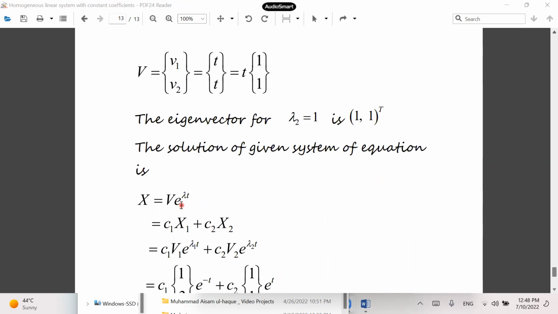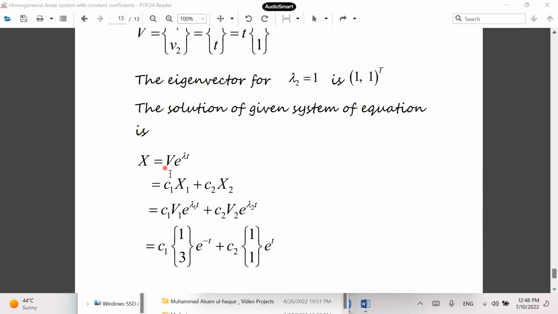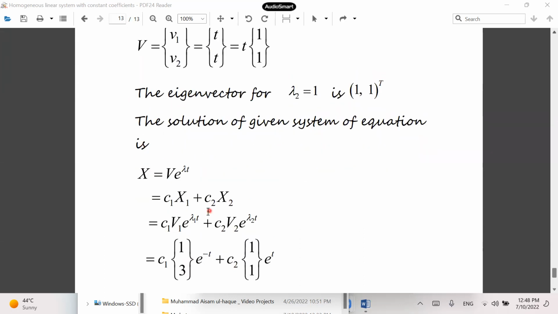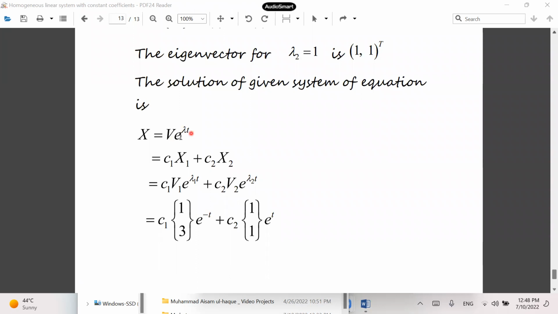Now in the final step, how to write the solution of the given system of equations. It will be of the form x equals to v into e power lambda t, where v is the vector which we have found just now, and lambda are the eigenvalues. So v are the eigenvectors.